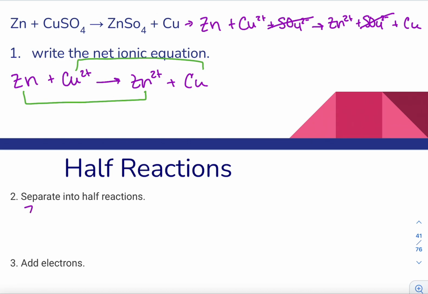So here we'll have Zn gives us Zn2+, Cu2+ gives us Cu. Now you'll notice I wrote them kind of weird. We're going to be adding half reactions a lot this year, and it's much easier if you line up the arrows. Okay, so I would like you to get in the habit of doing that.